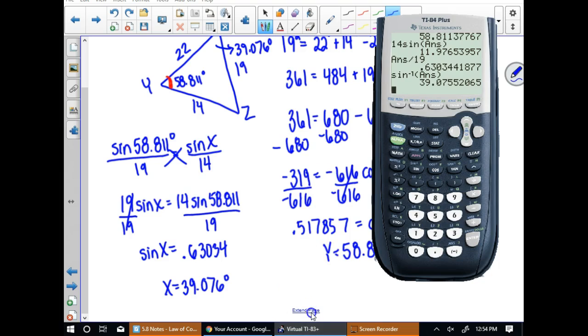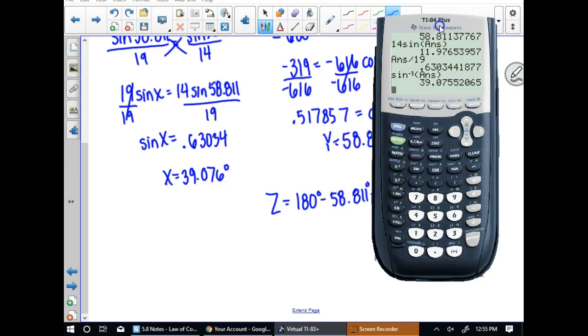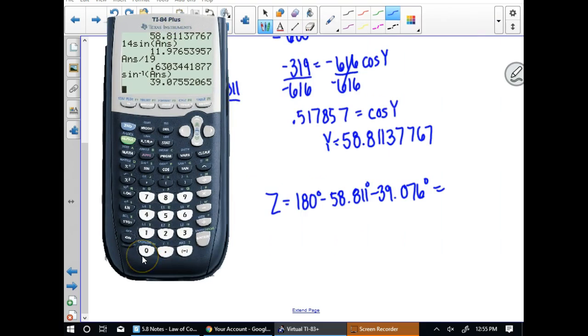So we do have to find z, but z is not too bad. For z, we're just going to do 180 minus 58.811 minus 39.076. And when we do that, you get 82.113 degrees.